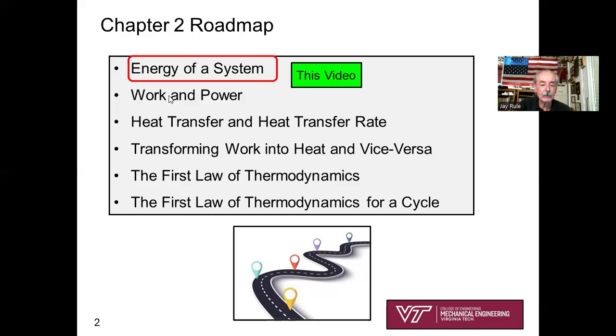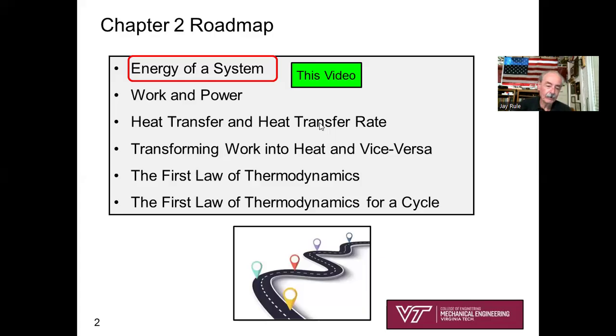Then we're going to go into what's work, define work and power. You may have had some exposure to work in high school physics. Then heat transfer and heat transfer rate. I'm going to suggest that you have a good physical feel for a lot of the basics of what heat transfer is all about. We're going to talk about ways you can transfer work into heat and heat into work.